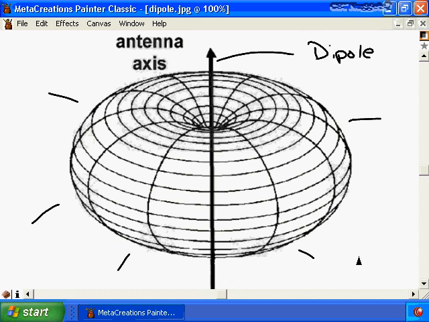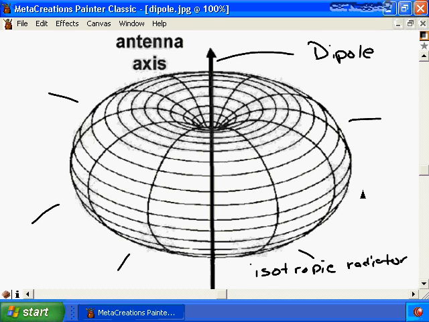And this is called an isotropic radiator, and that's spelled I-S-O-T-R-O-P-I-C, and then radiator, R-A-D-I-A-T-O-R. Now, we can't create an isotropic radiator antenna, but an example of this would be the sun.